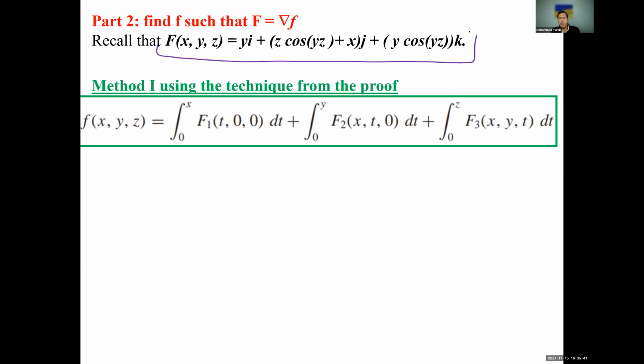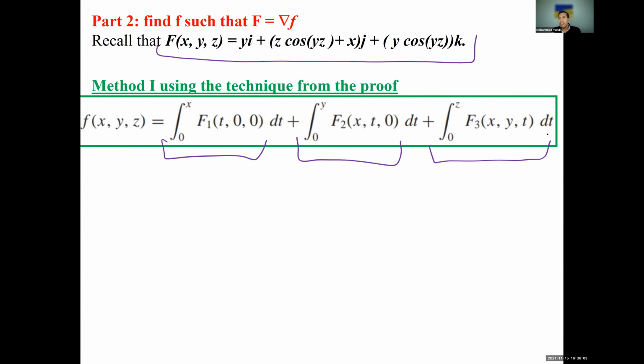Before doing that, I'm going to show you method one, because the textbook talks about this method. It's not the best method, so it's not used as much, but I want to show it to you in case you read the book and see it, so you know where it's coming from. This one says little f is exactly these integrals.